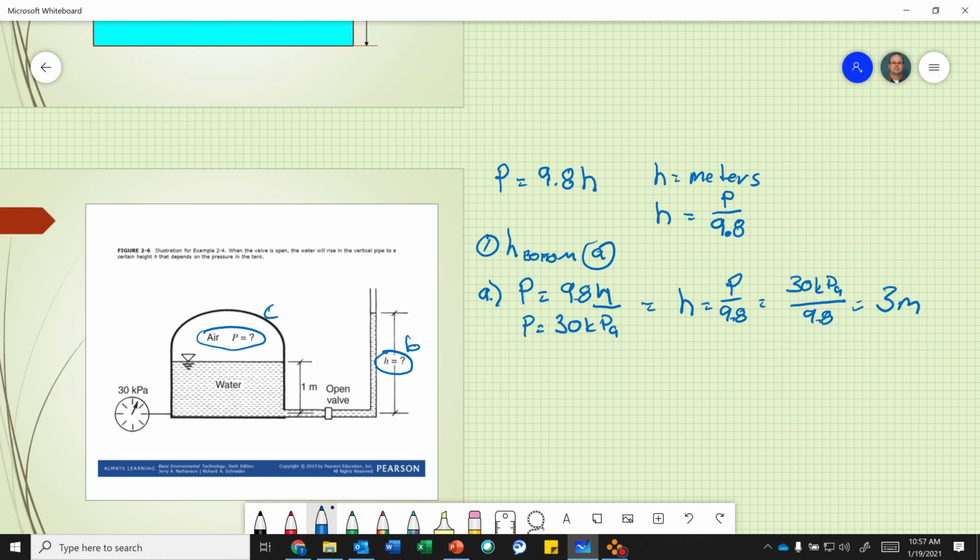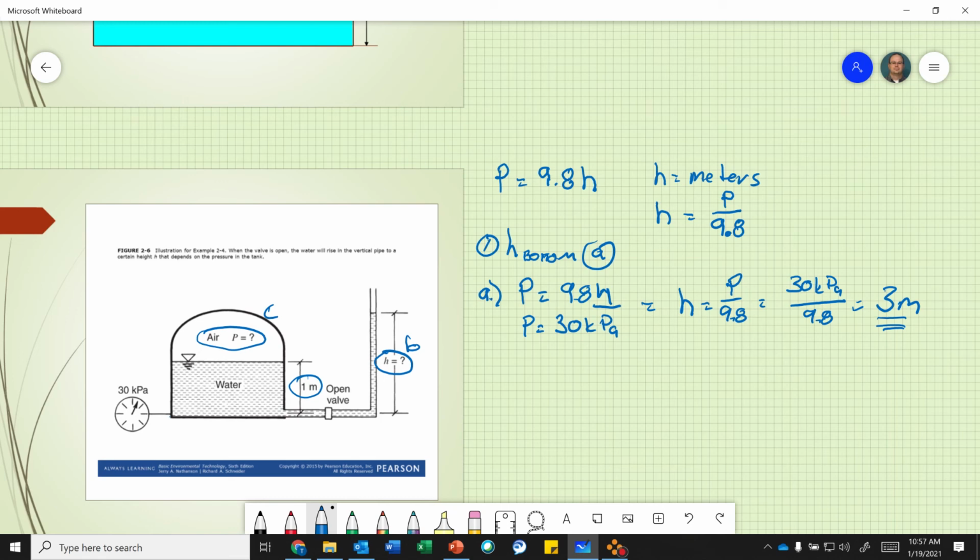Okay. But if you notice, because there's 30 kPa, that means there's some air pressure in here. So the pressure head of that water is greater than 1 meter. It's 3 meters. That's because we're adding extra air pressure into there. Okay.